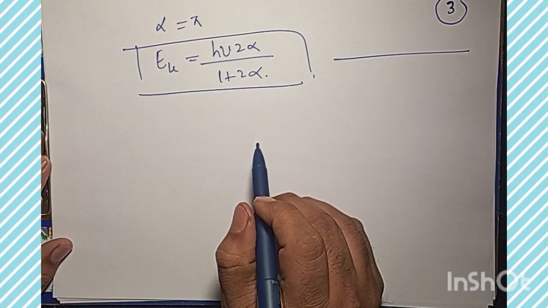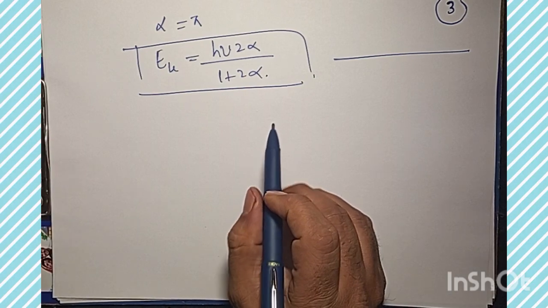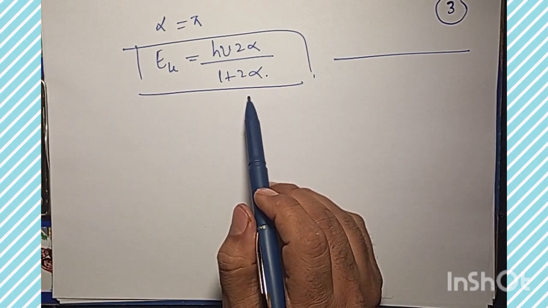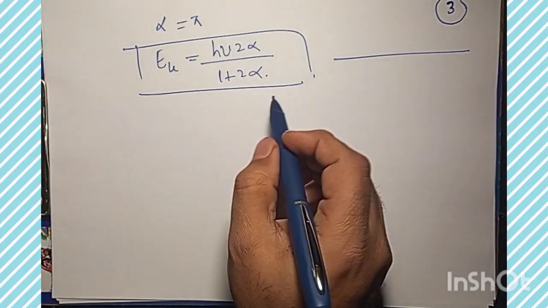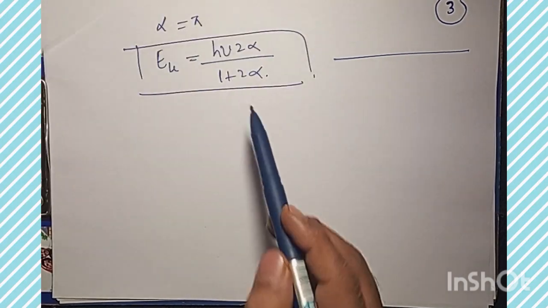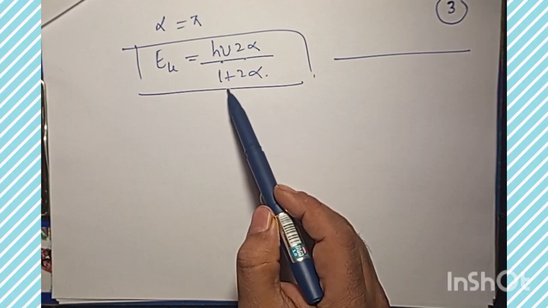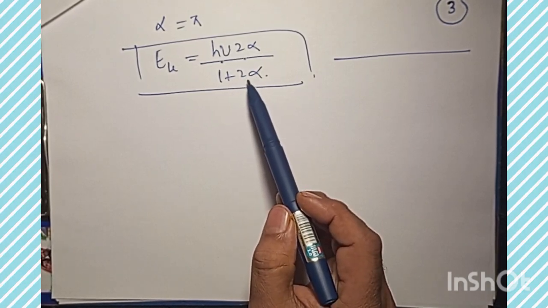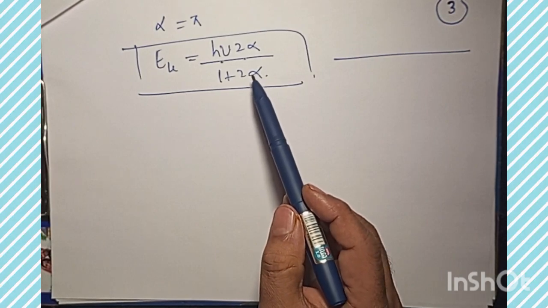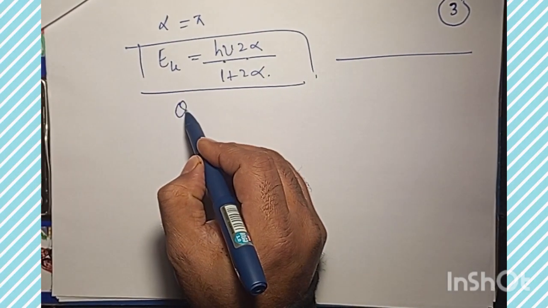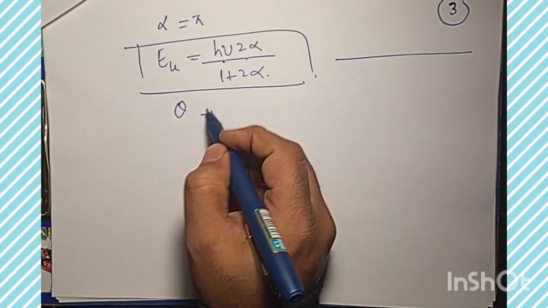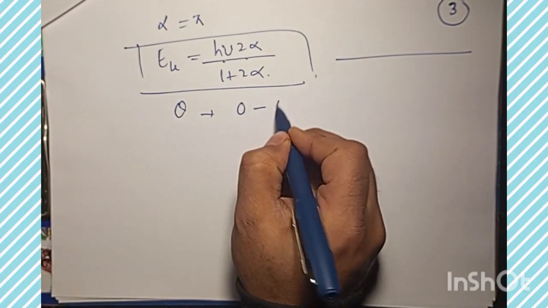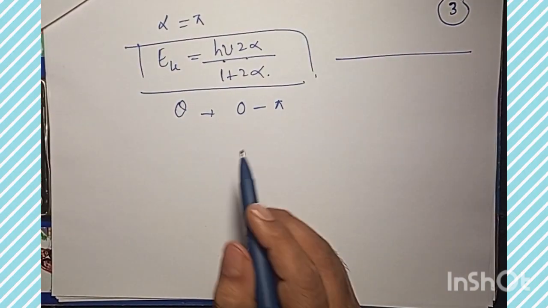Now the point of discussion here is that from this equation, it's clear that the energy of the scattered electron ranges from 0 to h nu 2 alpha by 1 plus 2 alpha, for the values of scattering angle theta of the photon that range from 0 to pi.